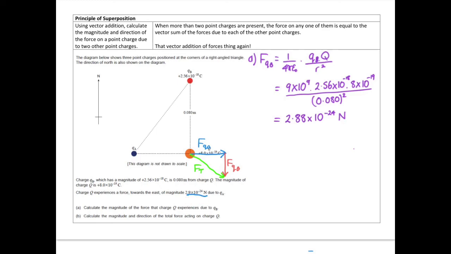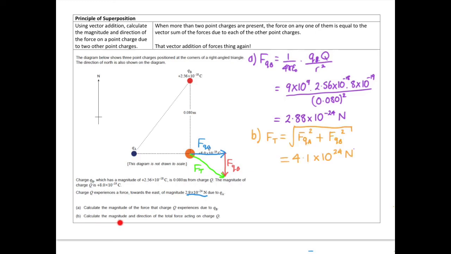So as often, when they set these tests and exam questions, they're not trying to make them too difficult, they're trying to make them easy for you. So, there we have it. We've worked out part A, the force that Q experiences due to QB.